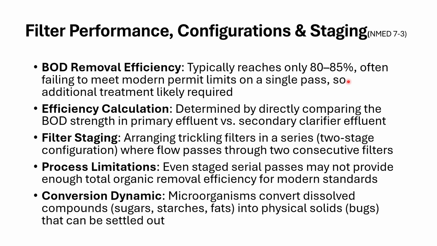And 80% of 20%, that's 16%. So by arranging the filters in a series configuration with 2 of them, we're now at 96% removal efficiency. Again, for a low cost system, that's just unreal. That's mind boggling when you think about the economics and the efficiency.